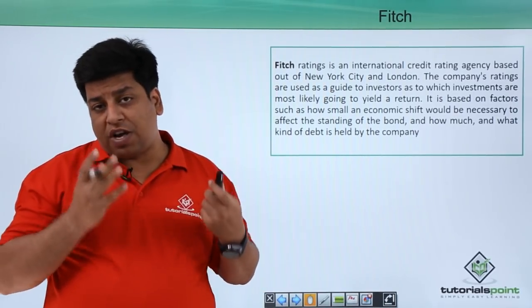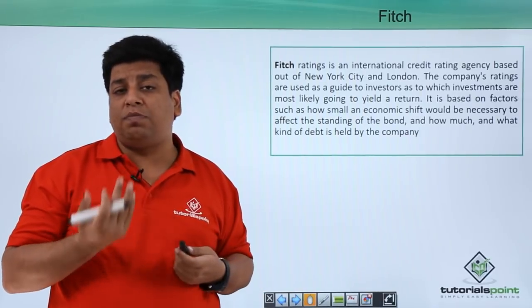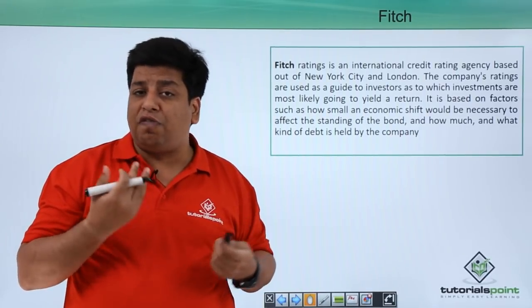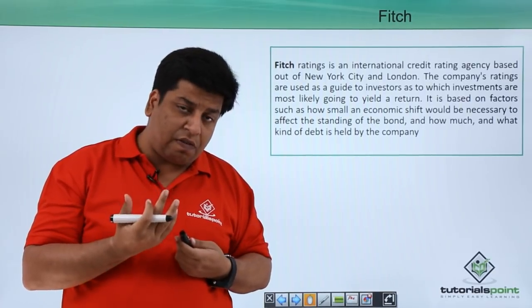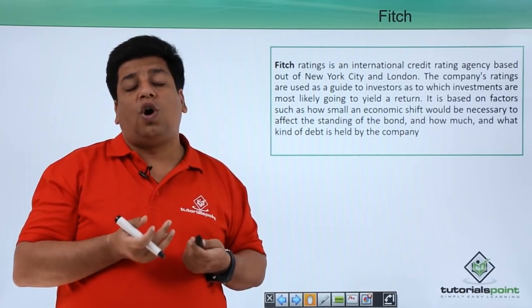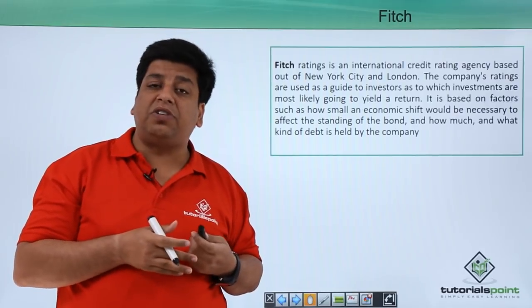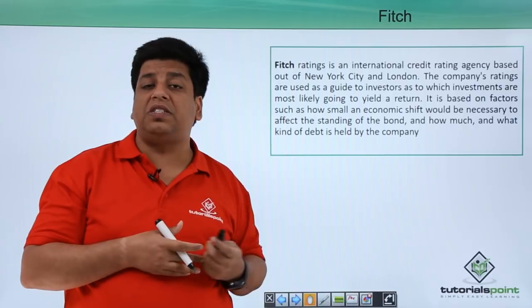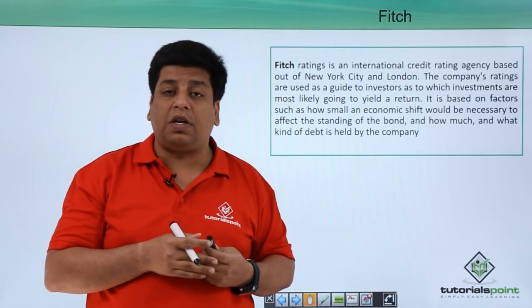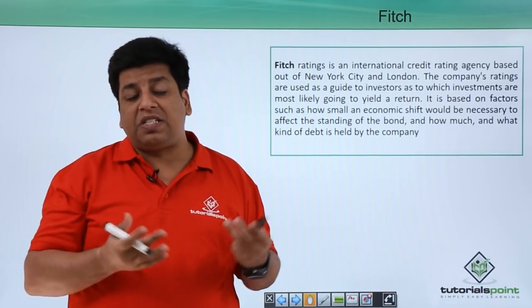So it helps in more informed decisions, not only on the basis of risk, but also on the basis of your expected return based on the risk that these agencies assign to different investment destinations.